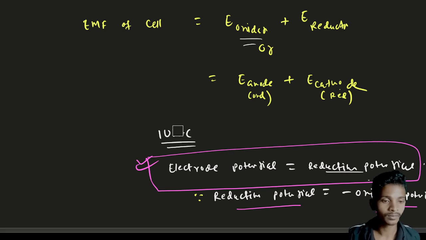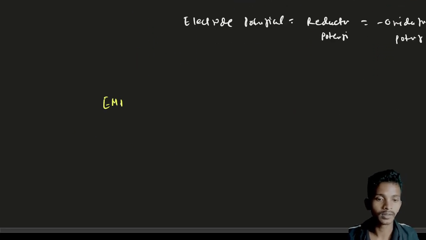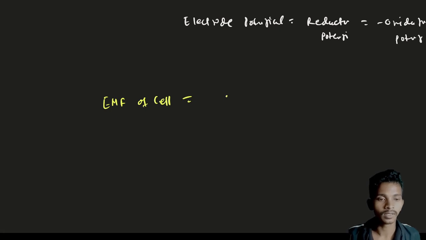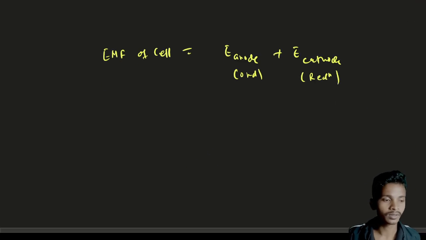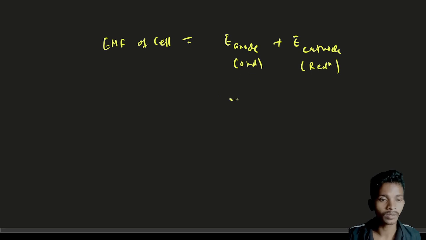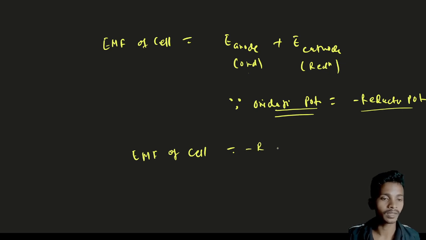So I will write below: EMF of cell is E anode plus E cathode, where this is oxidation potential and this is reduction potential. Since in IUPAC we will not take oxidation potential, and we know that oxidation potential is equal to negative of reduction potential, instead of oxidation potential I will write minus of reduction potential.